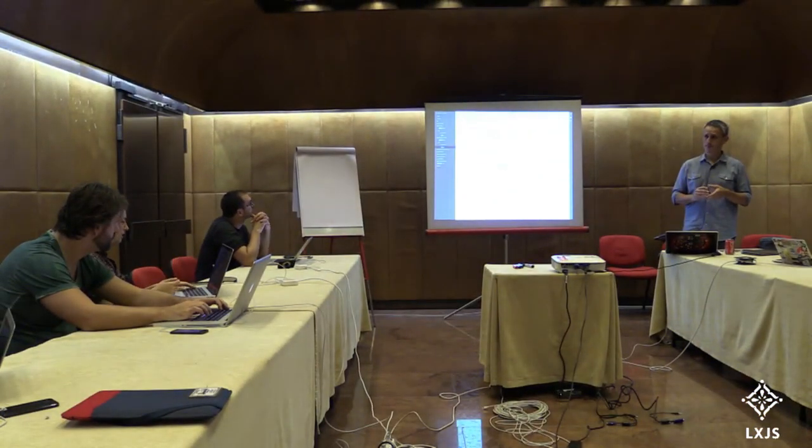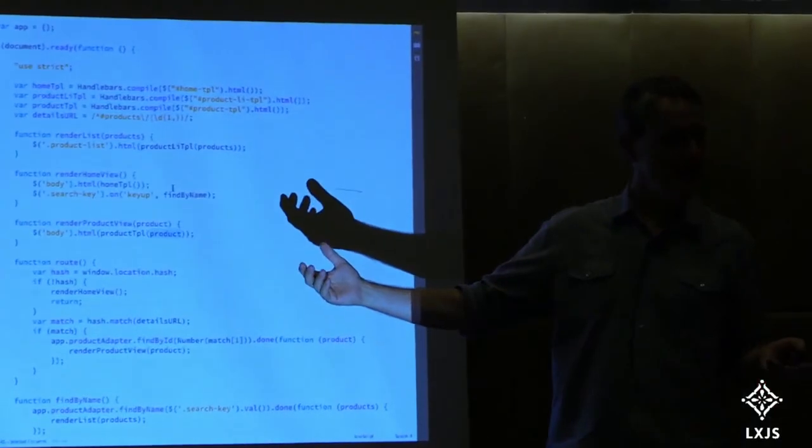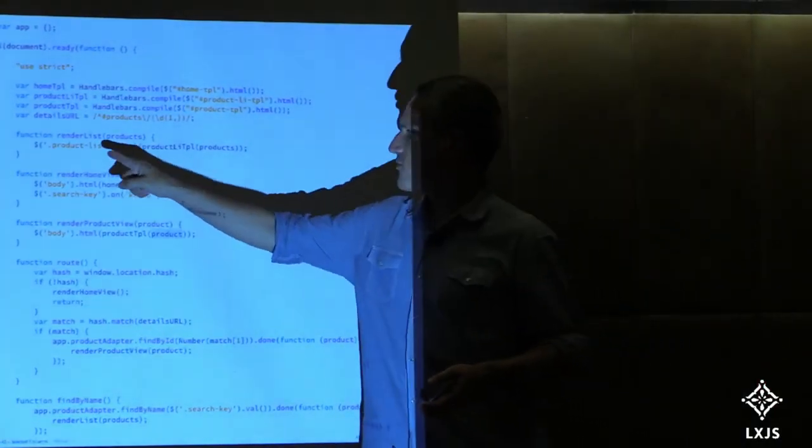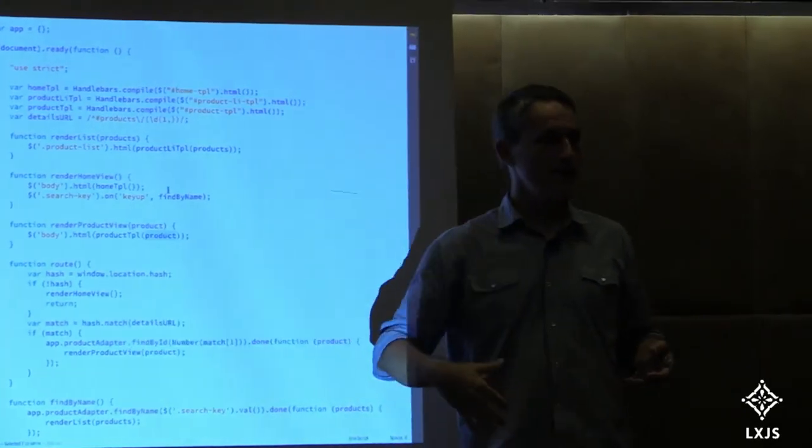Yeah, so I think that's the bad part, is that I have that one app.js with render list, render home view, render product view. Now, imagine a large application. Everything doesn't feel very partitioned. It feels like a big bag of everything, right? And it would be a lot better to have self-contained objects that are responsible for one thing.